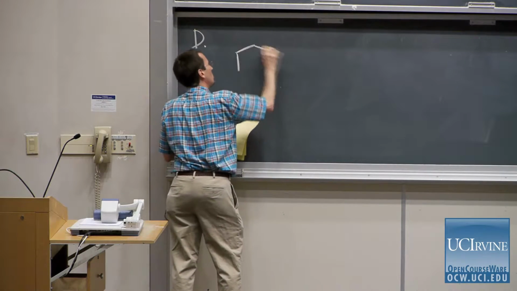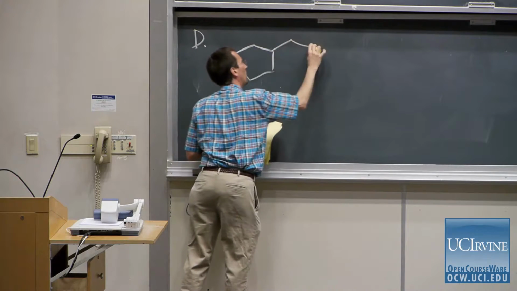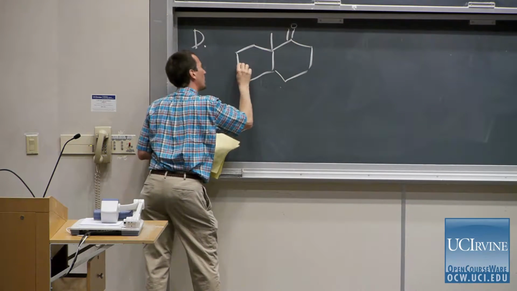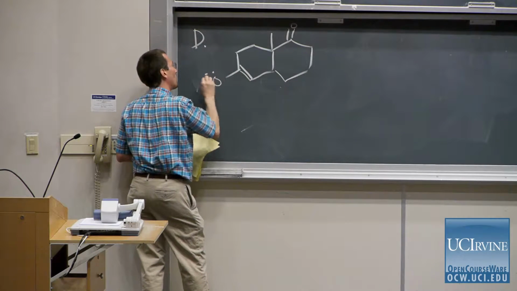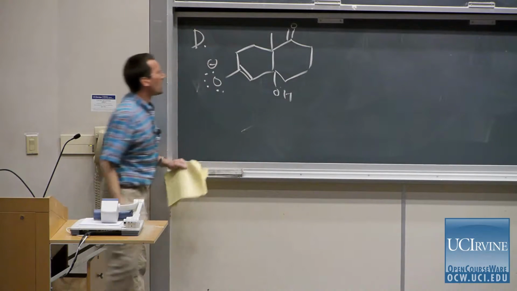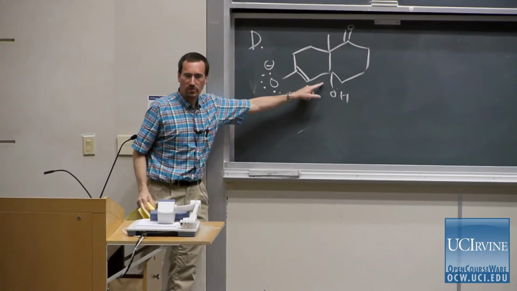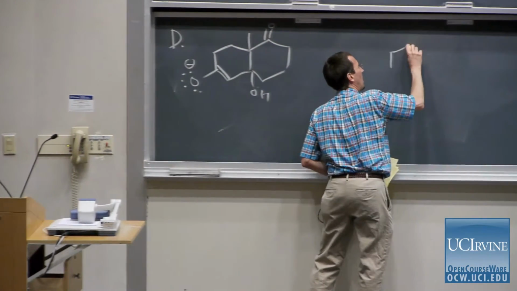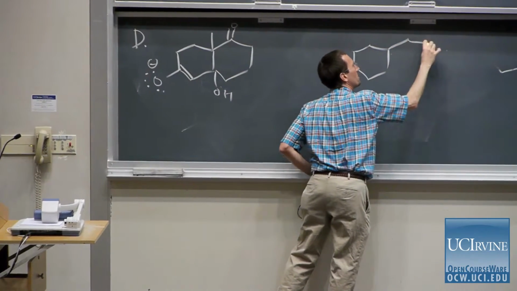So again, I'm just going to go ahead and draw intermediates, not curved arrows. And so you can imagine forming this enolate like so, and then the enolate pushing electrons down and kicking out hydroxide to give our stable alpha beta unsaturated carbonyl compound.